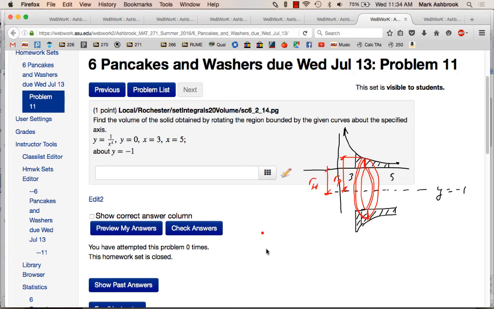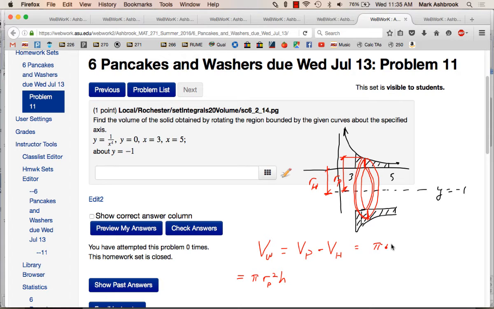And so we know that the volume of the washer is the volume of a pancake minus the volume of the hole. So the volume of the pancake is pi r_p squared h. Let's do it up here.